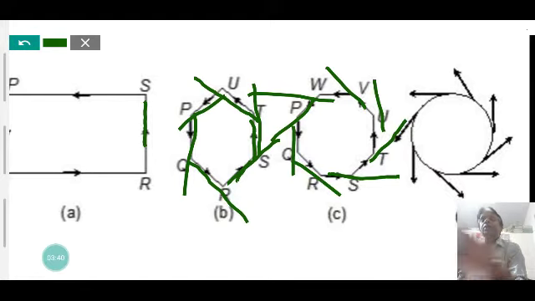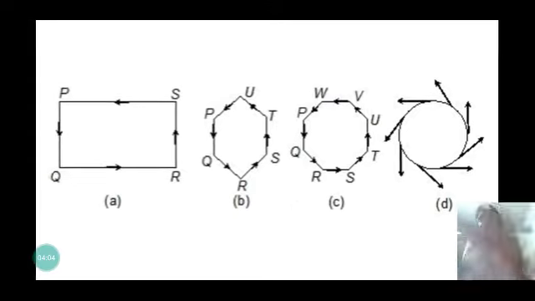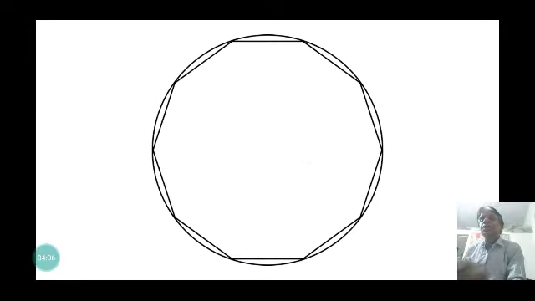If the number of sides of the polygon becomes more, then the number of times the body changes direction also increases. Suppose the polygon has an infinite number of sides, then it becomes a circle.